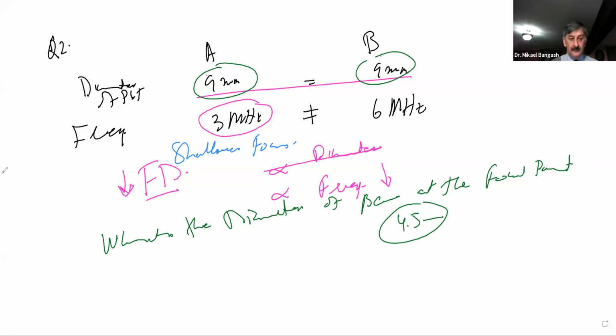In the previous question 1, for instance, we had one PCT that was 10 millimeters and one PCT that was 6 millimeters. Where we can mainly say the diameter of the beam at the focus was going to be respectively 5 millimeters and 3 millimeters.